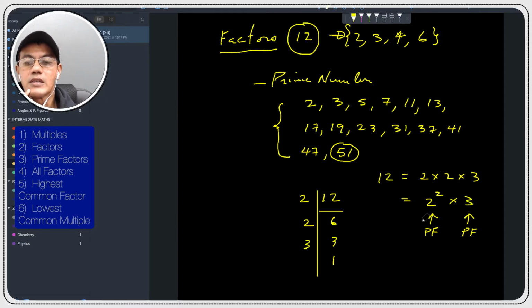And therefore, the prime factors of 12 will be 2 and 3. So this is how you find prime factors. So we just look at prime numbers. Now we are looking at prime factors.